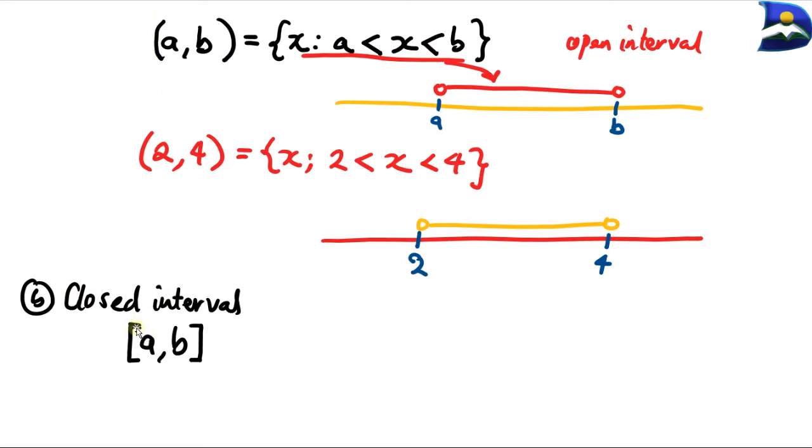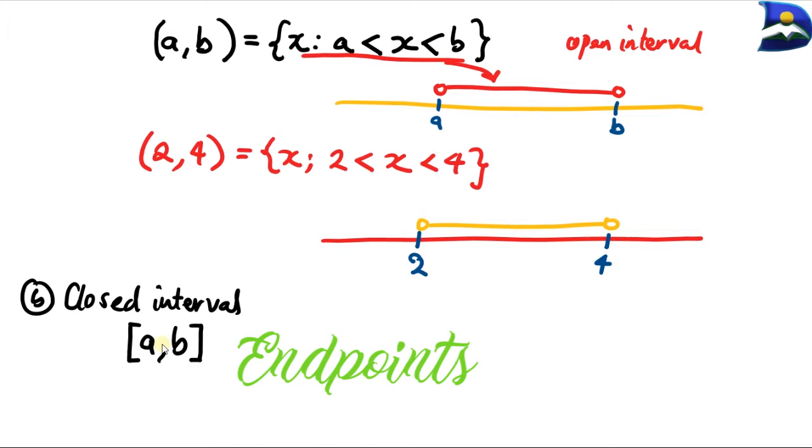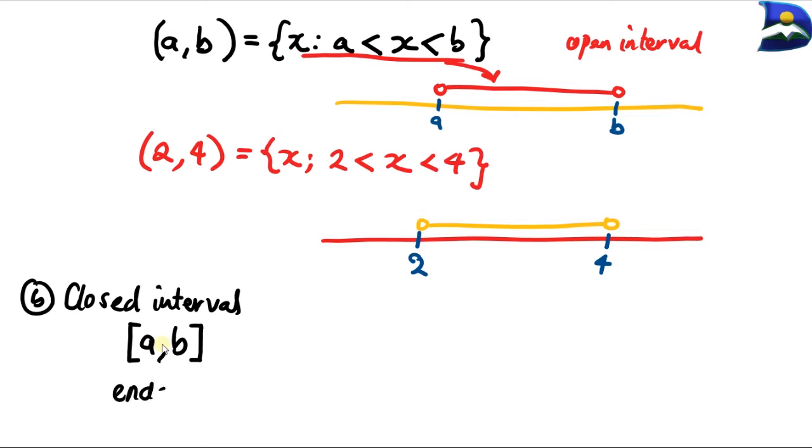The closed interval has the angled, edged brackets around the two numbers where it holds. In this case a and b are endpoints, and that is another term to keep in mind.